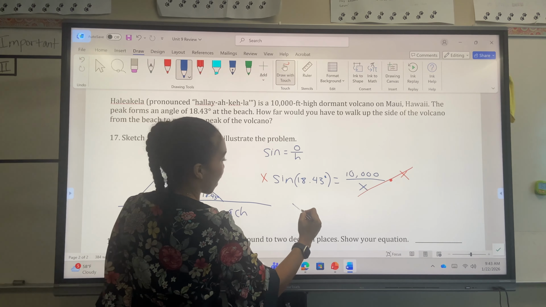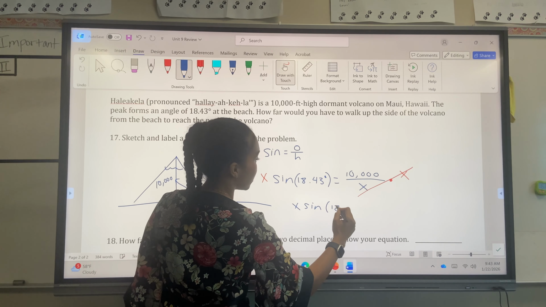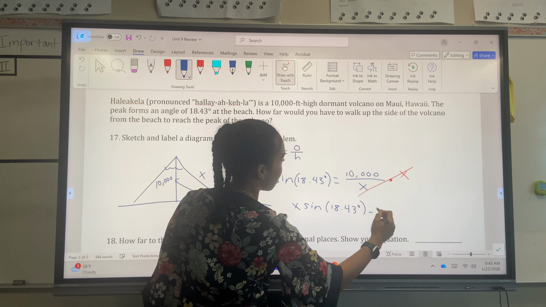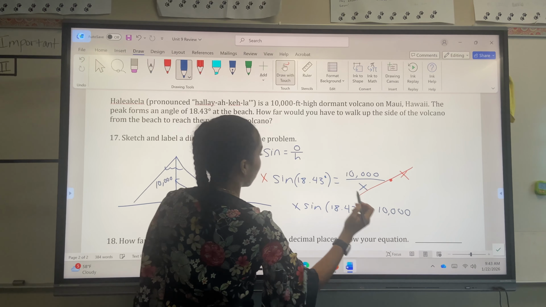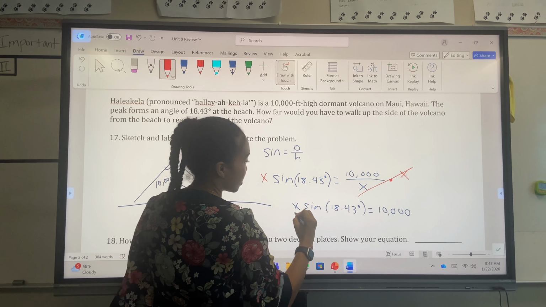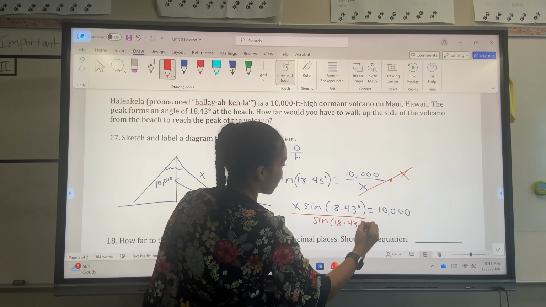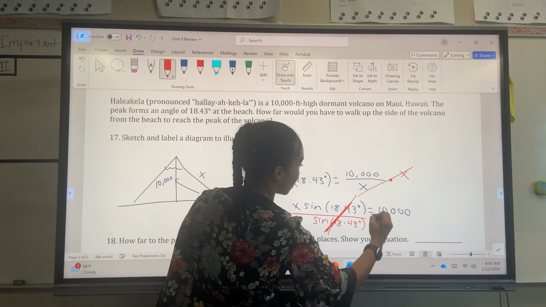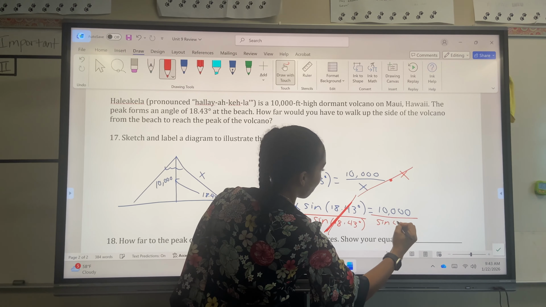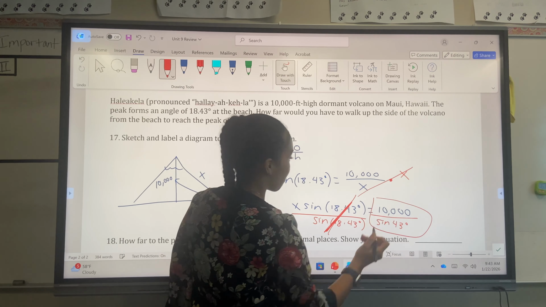Okay, so this is what I have. x sine of 18.43 degrees is equal to 10,000. Now, to get x by itself, divide both sides by sine of 18.43 degrees. So that cancels out, and divide this side by sine of 18.43 degrees. So this is what you're going to type into your calculator.